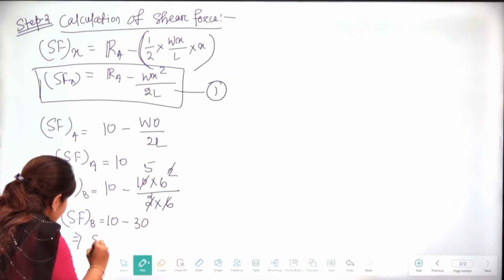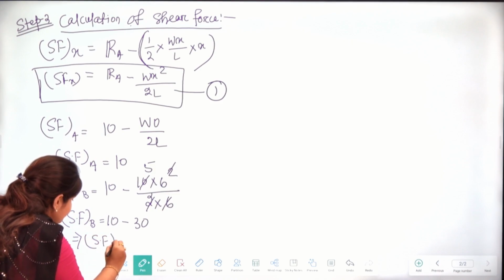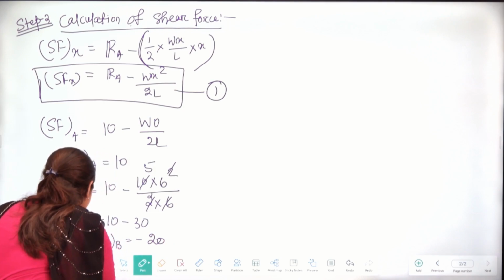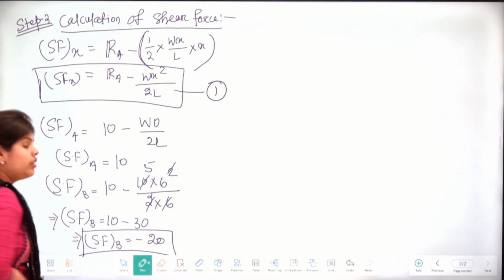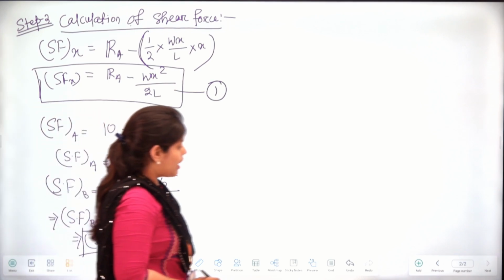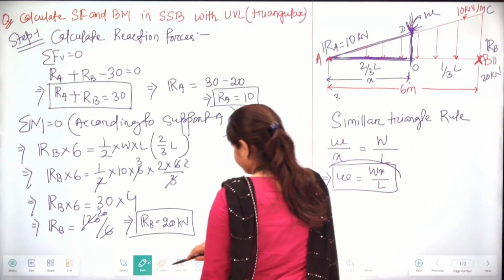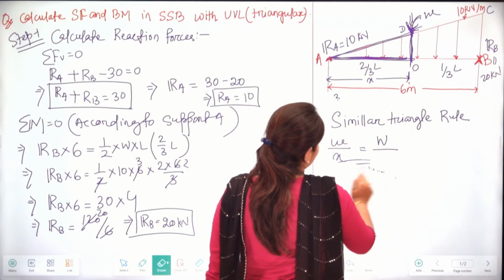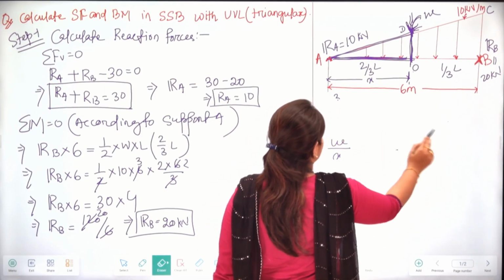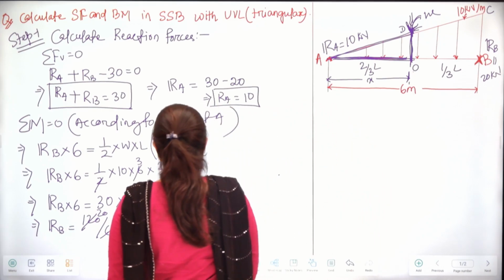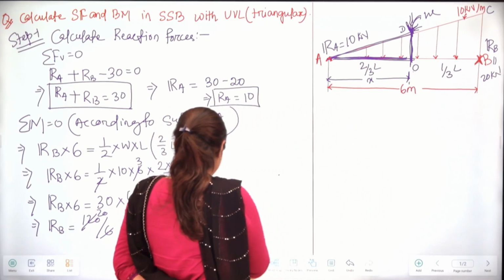So the shear force at B is 10 minus 30, that is minus 20. We already got this value as RB.